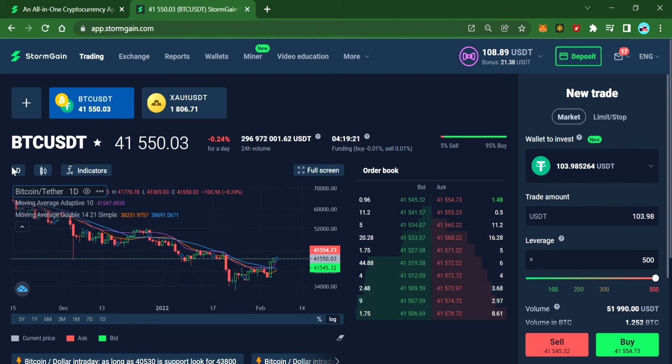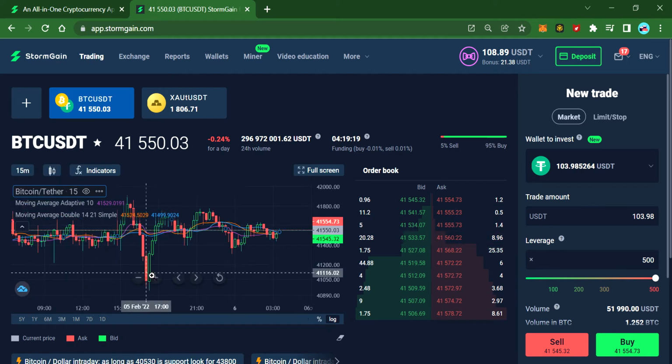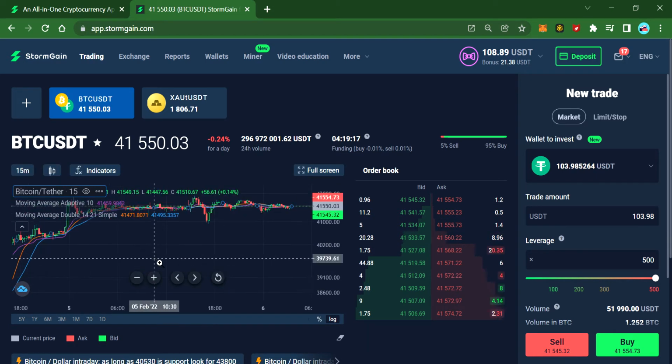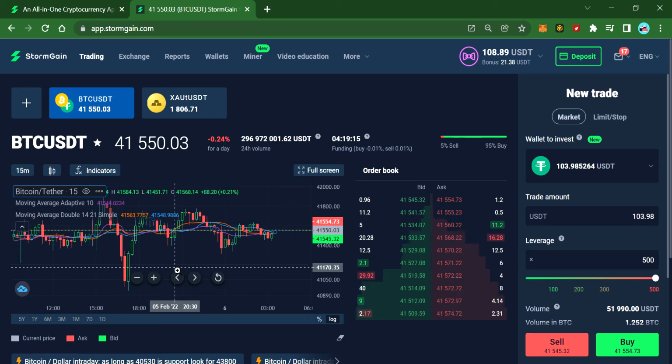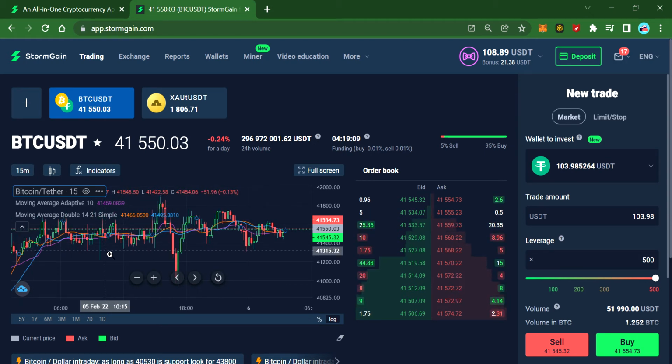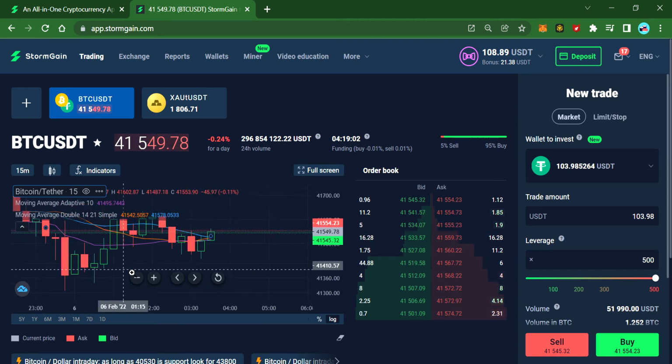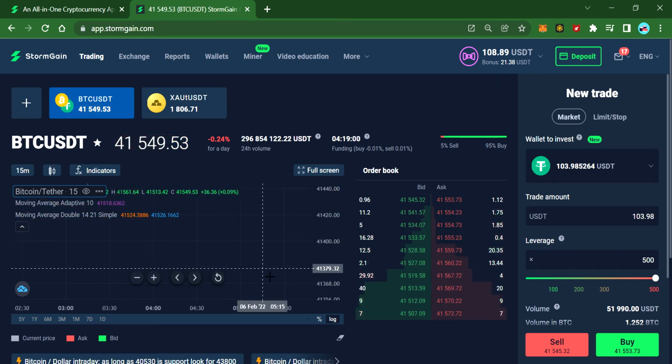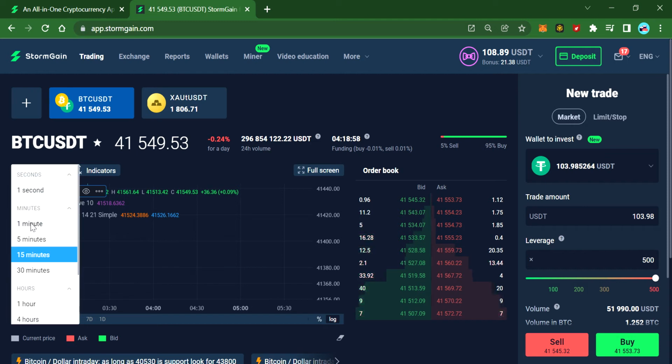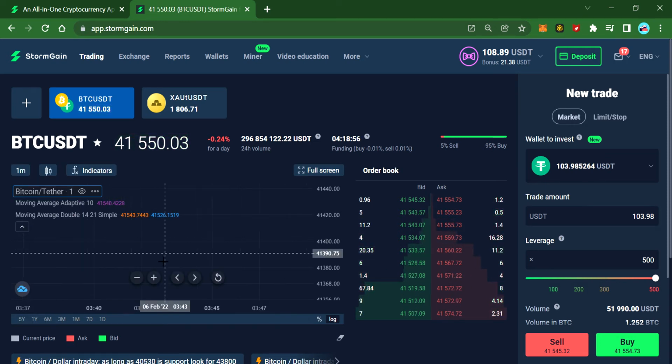And then comes the mid-trend. Mid-trend, as you can see, seems to be steady, just bouncing back and forth, over the past 15 minutes. You put it at 15 minutes, but you can zoom out, and it will show you which direction it's going.